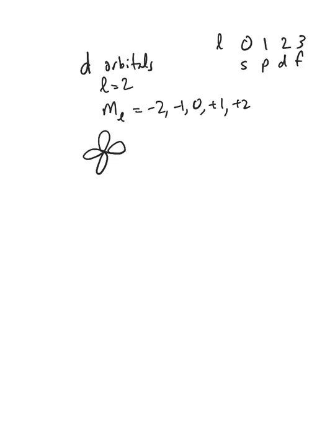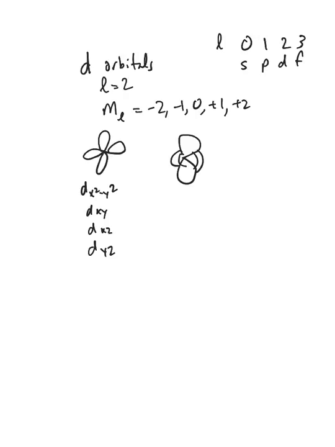that sort of have this type of shape. Once again, I invite you to look at your textbook to see it in more detail. There's another one that has this type of shape. And so there are 4 of them that are sort of like a 3-dimensional clover leaf, that we could refer to as the d x squared minus y squared, the d xy, the d xz, and the d yz.